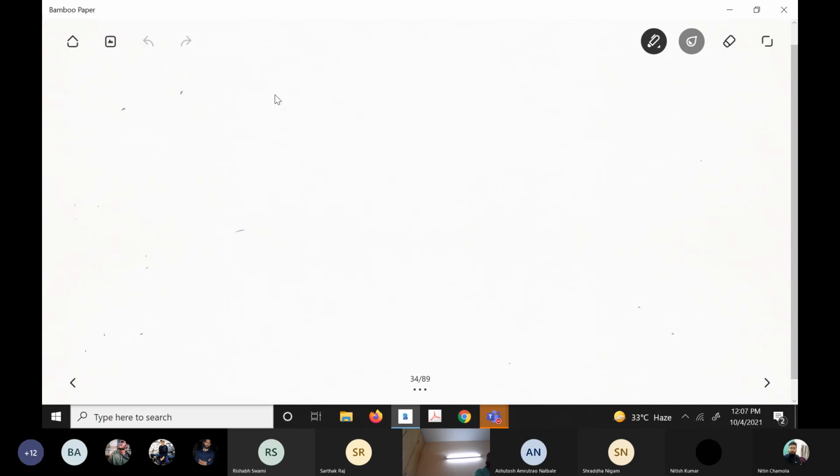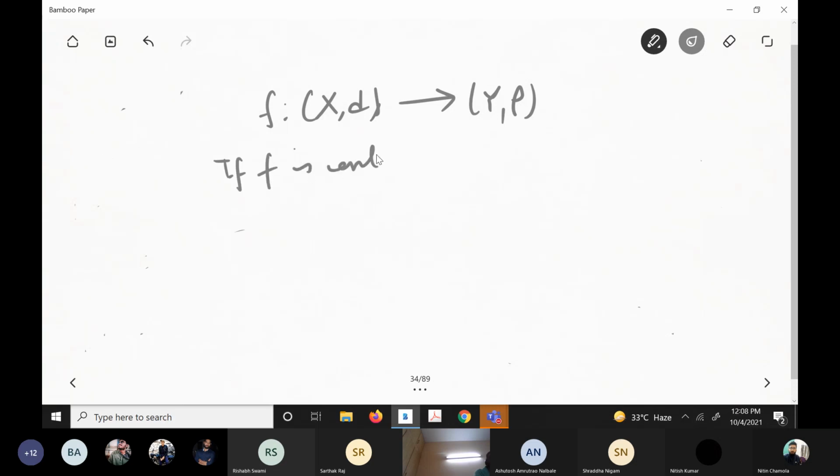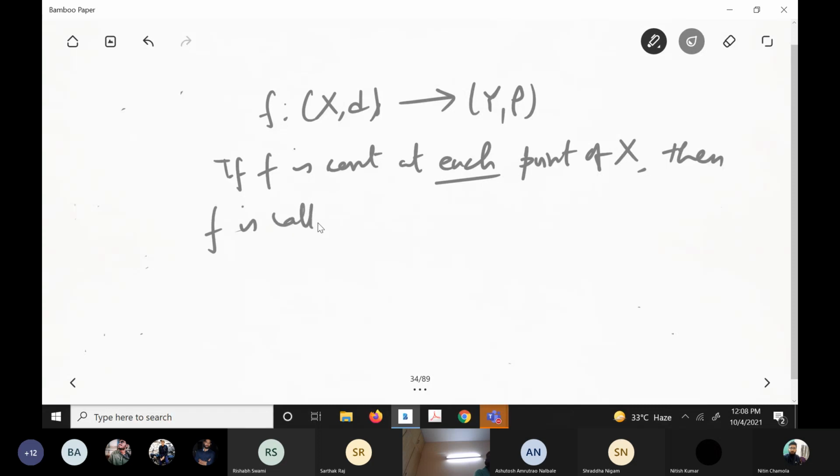under the next definition, if you have a metric space and a function between two metric spaces, and if f is continuous at each point x, then f is called continuous on X, or we simply say that f is continuous.